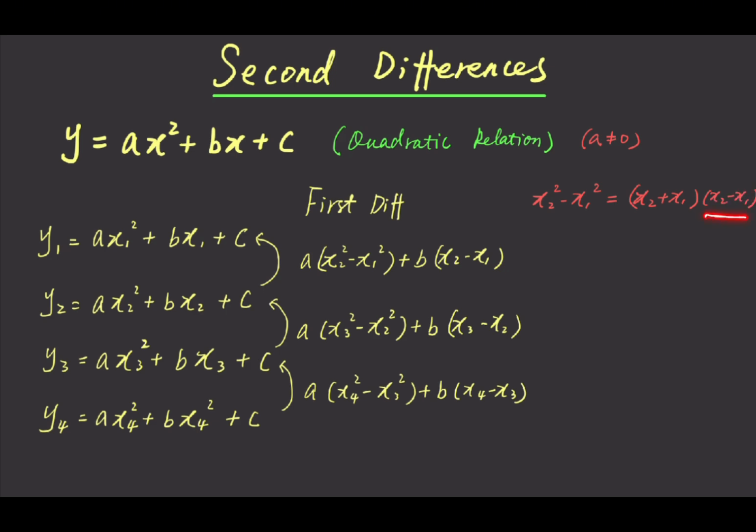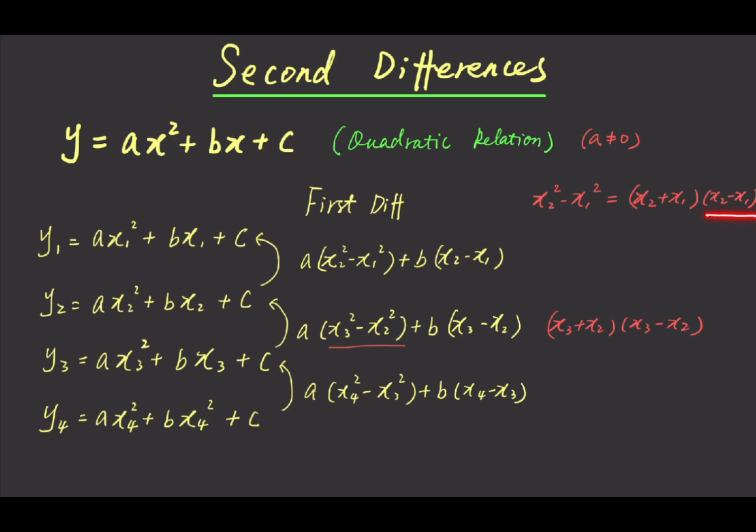Because here it is the difference of x2 and x1. Similarly, for this expression, we can figure out x3 plus x2 times x3 minus x2.